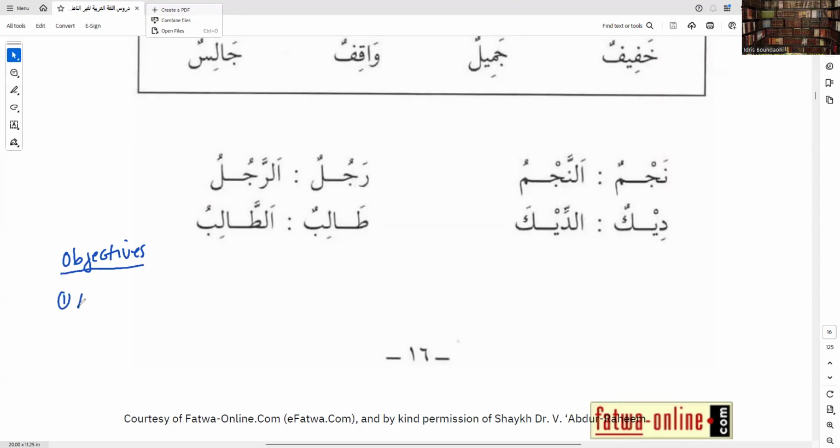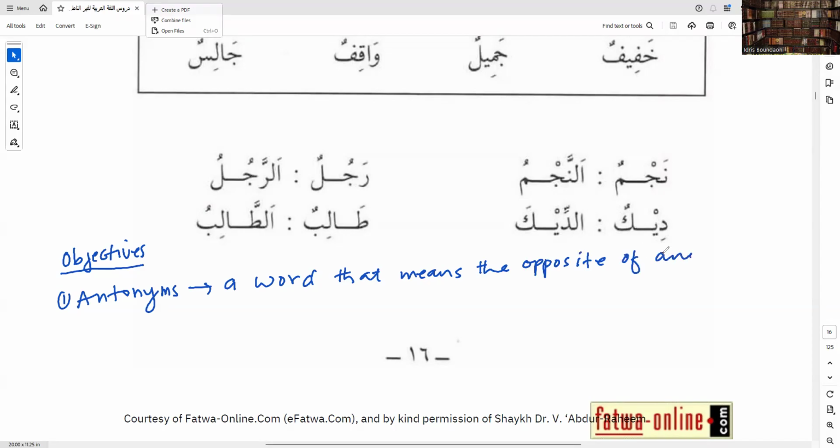We're going to learn about antonyms. An antonym is a word that means the opposite of another word.